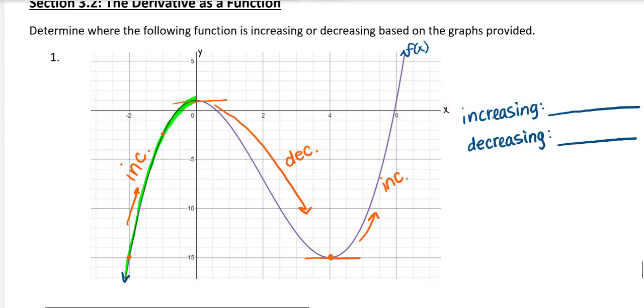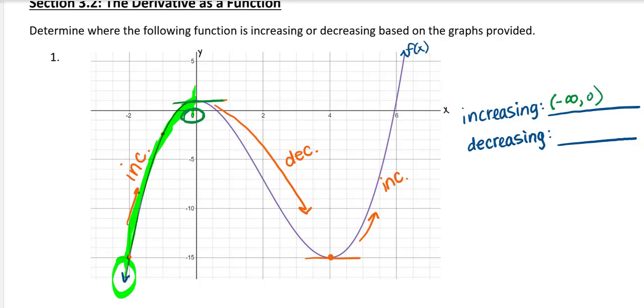These are going to be x values or input values only. So I'm increasing here in this first section, which I'll highlight green. I'm increasing, coming at an x value from -infinity, because you're coming way out from over here, and increasing. So I'm increasing from -infinity to the first x value where I turn around, which is at x equals 0.